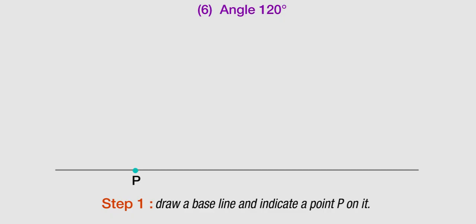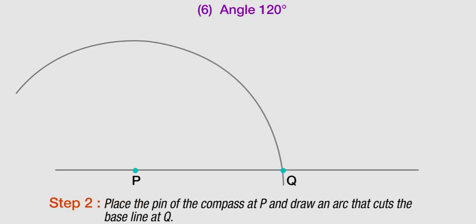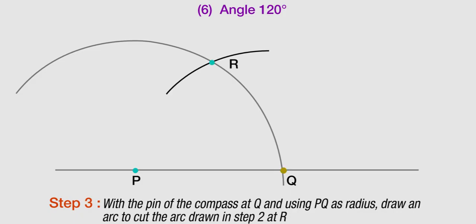Place the compass point at P and scribe an arc to cut the baseline at the point Q. Good. Step 3. With the compass point at Q and using the radius PQ, draw an arc to cut the arc drawn in step 2 at R.